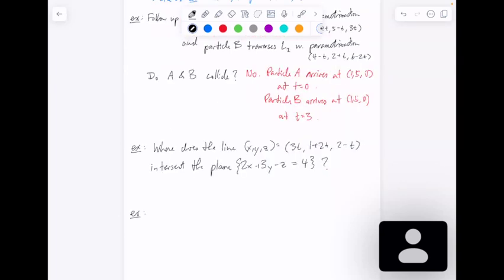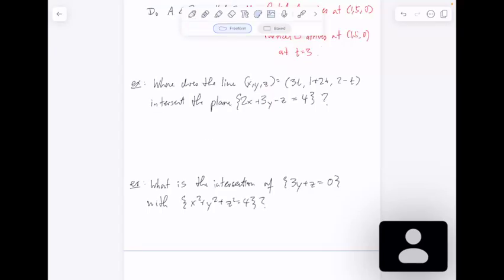And here's a slightly different one, in case that one's too straightforward for you, which also segues into what we're going to do next, which is cross sections. What is the intersection of the plane 3y plus z equals 0 with the sphere x squared plus y squared plus z squared equals 4?